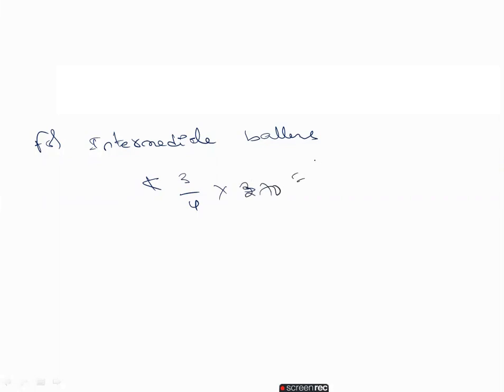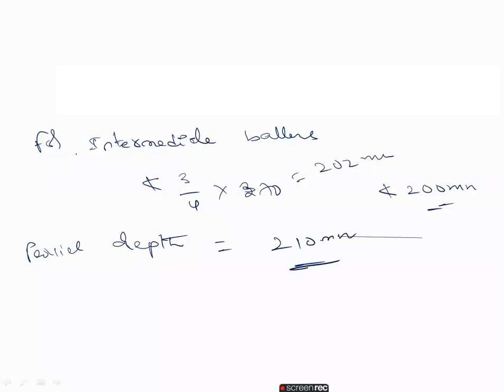You will get the answer around 202 mm, which is less than or equal to 200 mm. Next, for this case, provide the depth equal to 210 mm. These rules are available in the IS 800 code book directly.